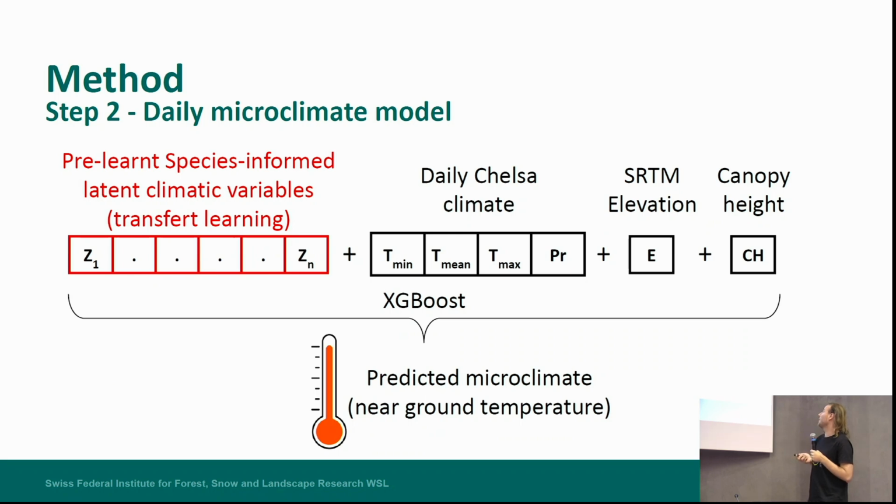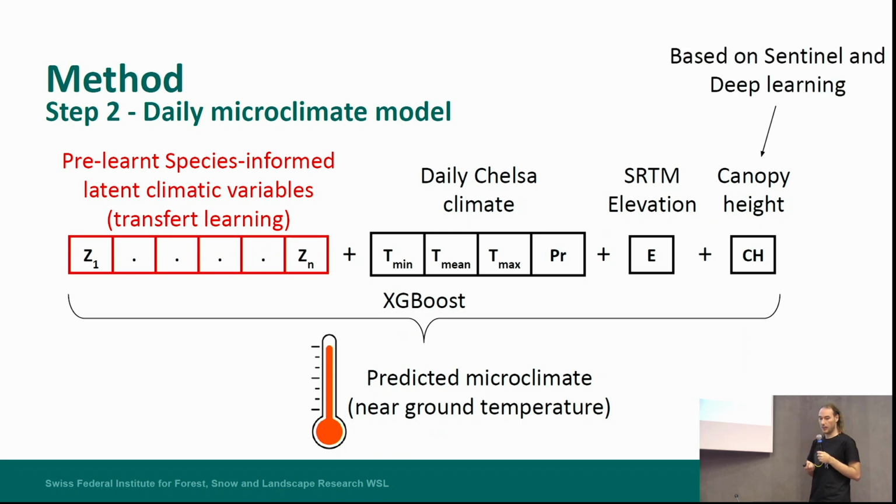This canopy height is also coming from another deep learning model on Sentinel that predicts the vegetation height. And at the end, we use a regressor model that will predict the temperature.